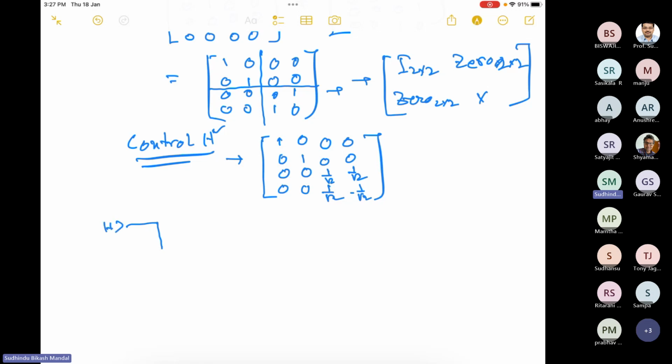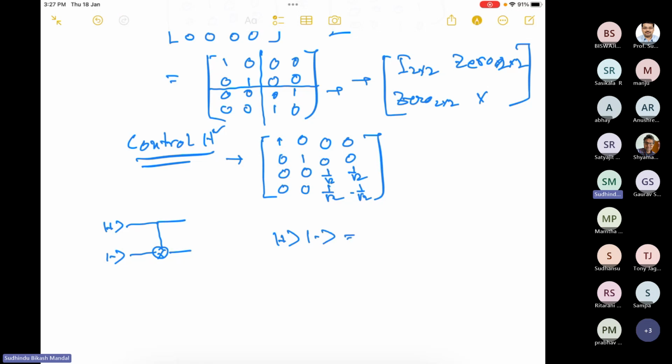Suppose we are giving plus as an input, and here also I'm giving a minus as an input, and I'm putting here the C0 operation. So if we do the computation, what will happen? There is a plus state and minus state.